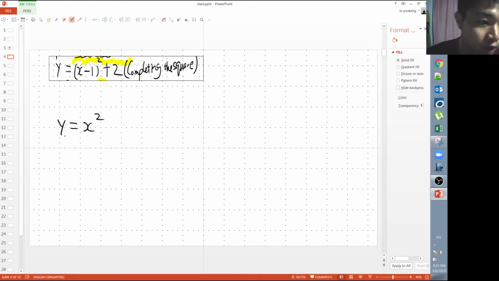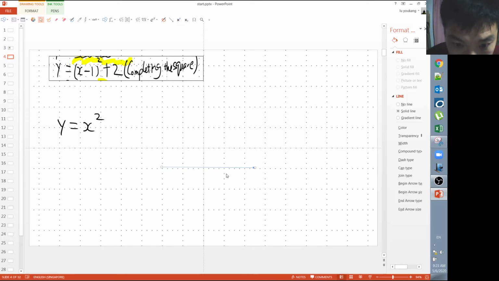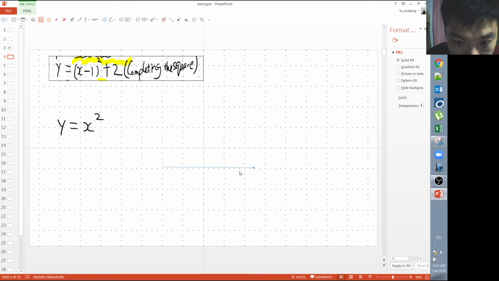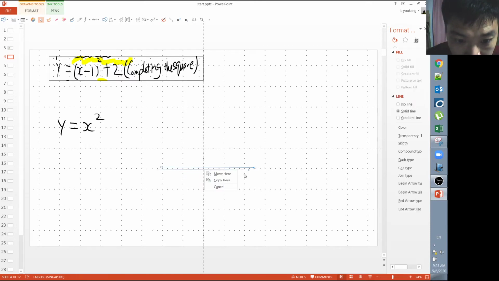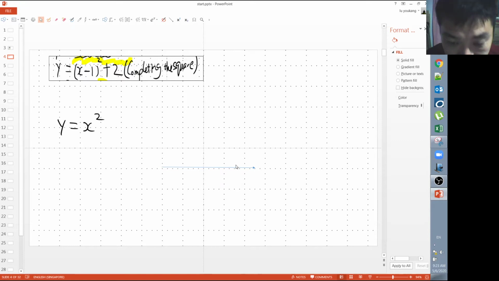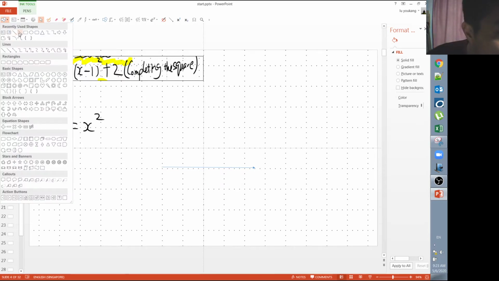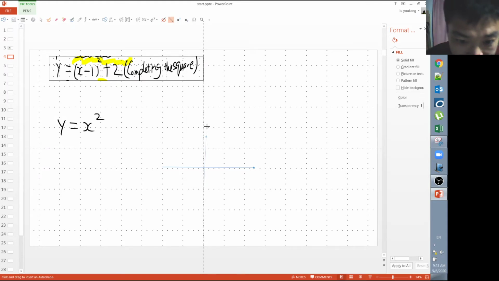If you have y is equal to x squared, what you have is this. Let me draw this. What I need to do here is draw the x and y axis.